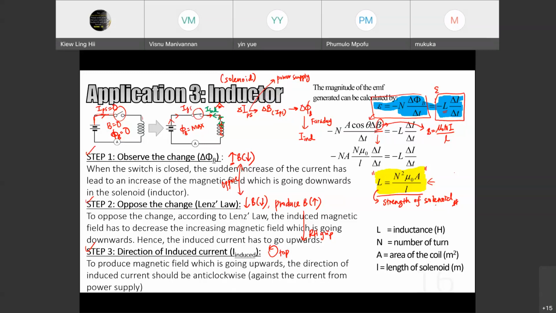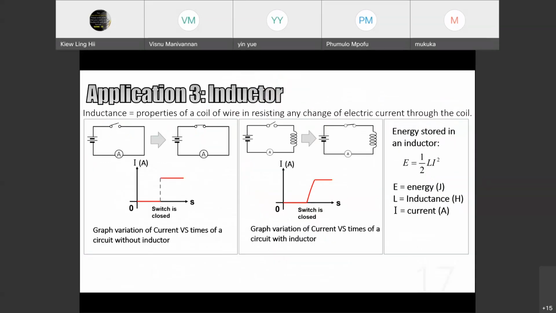Okay, so that's why, if you notice, in a normal circuit, usually a normal circuit without an inductor, like this picture, the moment you turn on your switch, you will see that the current will jump up immediately to the value from the power supply, like the LED light at your house.